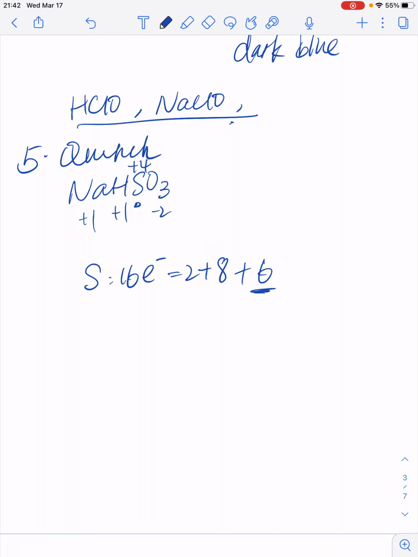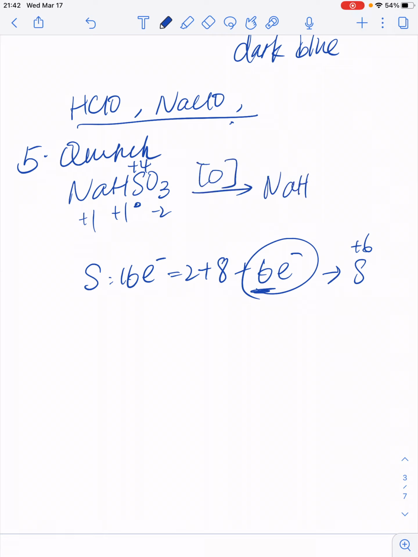On the very outside shell of sulfur, there are 6 electrons that can be lost, which will give us plus 6, that's the maximum charge for sulfur. It also means that our sodium bisulfite can be oxidized into sodium bisulfate, which carries a plus 6 charge.